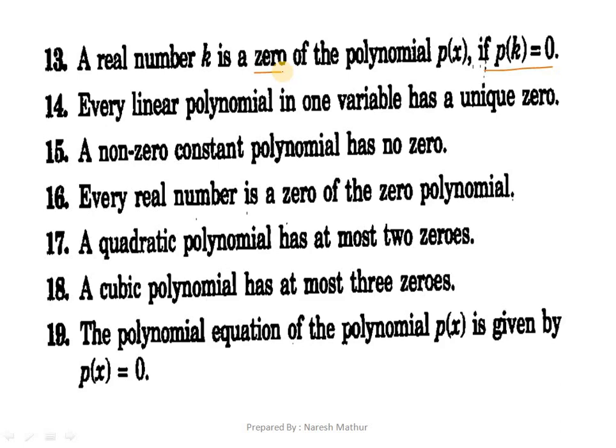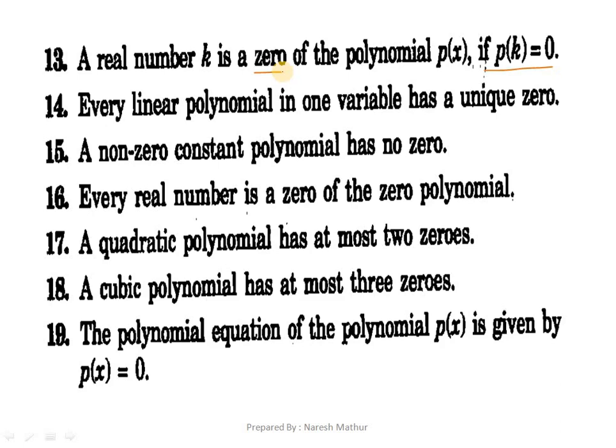Let's take an example. 2x minus 1 is a polynomial, and if we equate it with 0, 2x minus 1 equals 0, we will get the value of x equals half. Now if I put x equals half in 2x minus 1, the whole polynomial will become 0. So x equals half is a zero of the given polynomial.